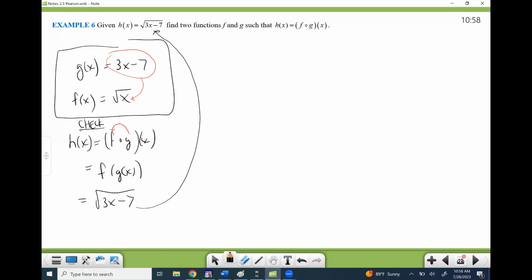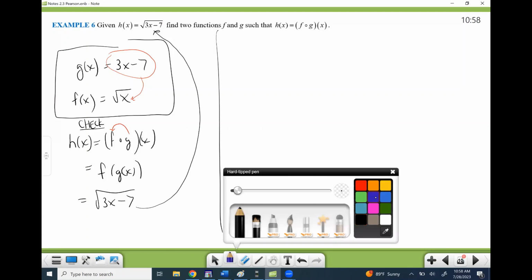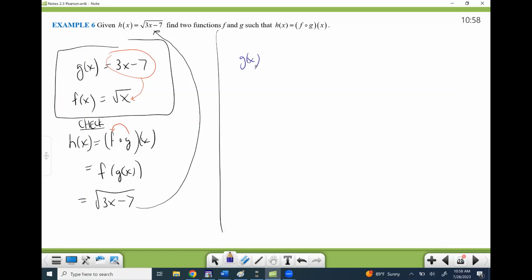Now let's come up with another example, just so you get used to your eyes seeing this. Another possible example could be, why don't I let g be 3x? And remember, whatever you let g be, just imagine putting a big X there. If you did that, then f would be the square root of x minus 7. This would be another possibility for two functions such that when we compose them, we get h.